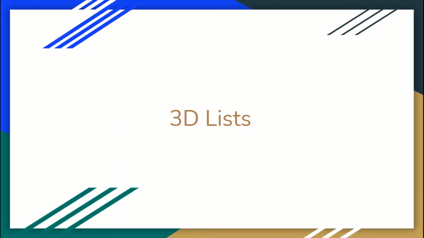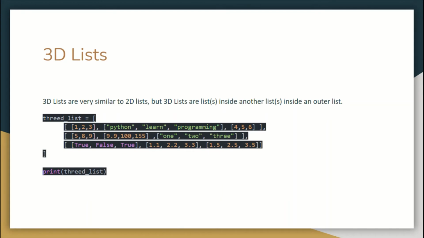Next, let's learn about 3D lists. 3D lists are very similar to 2D lists, but just a little different. 3D lists are actually a list or lists inside another list or lists inside another outer list. As we can see over here, here's the outer list. Then we have 3 smaller lists inside.